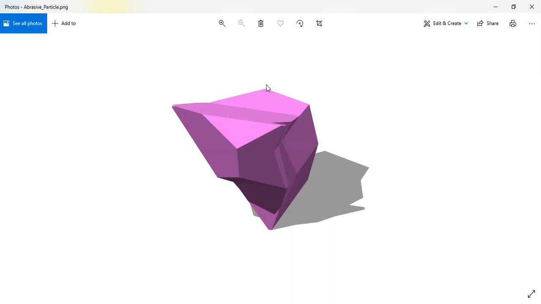These sharp edges are generally responsible for the removal of the material, and these sharp edges act as a cutting tool. So we can say that the abrasive particle is one type of multi-point cutting tool because it has more than one sharp edge.